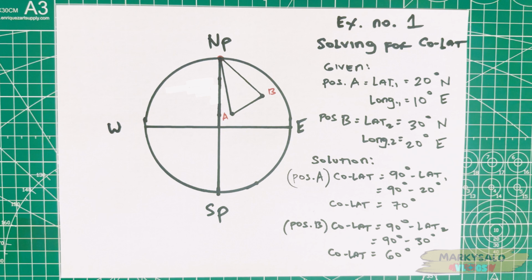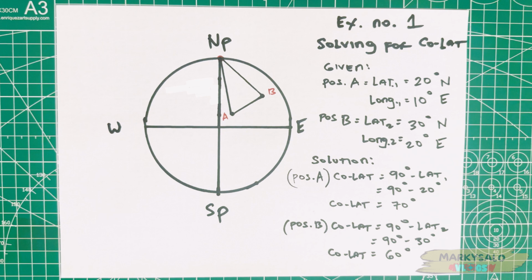So, by the definition, it is the angular distance from our latitude, or the given latitude, to the pole. Since our latitudes are both north, we need to connect to the north pole.